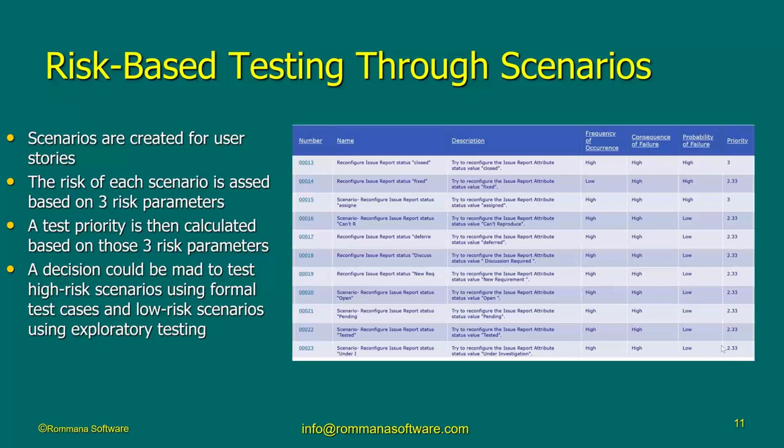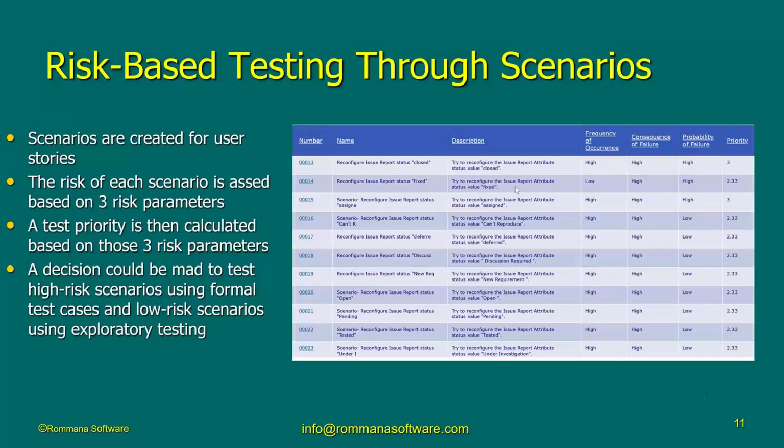Based on the testing priority, you determine whether you are going to test this scenario formally by creating a formal test script and a formal test case and a test script and automation, all that good stuff, or that scenario has a low priority that you can test informally using exploratory testing.